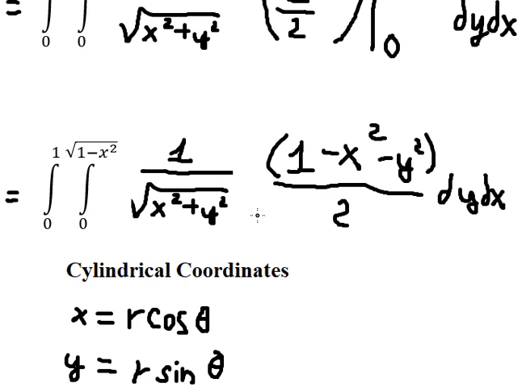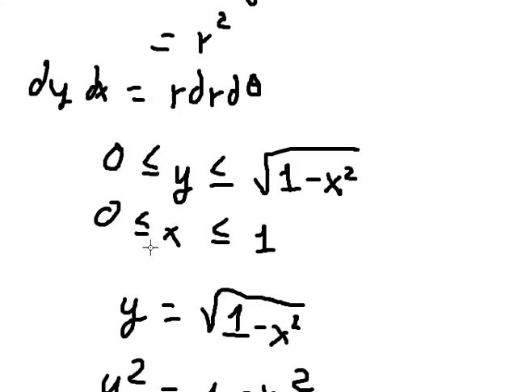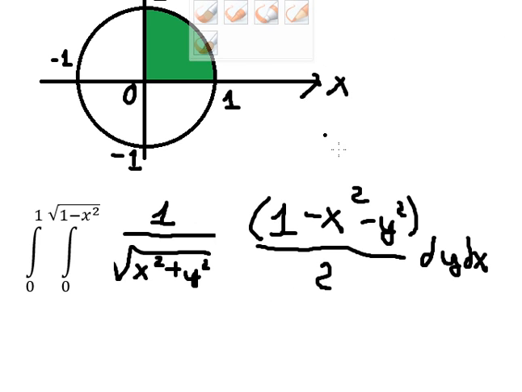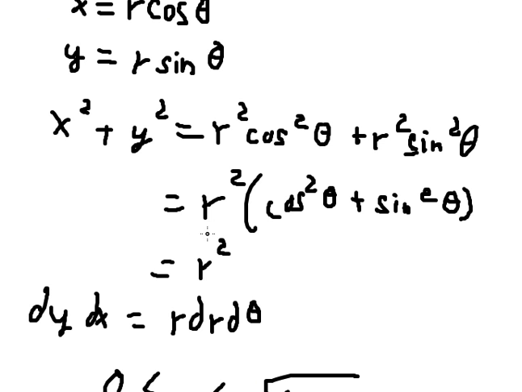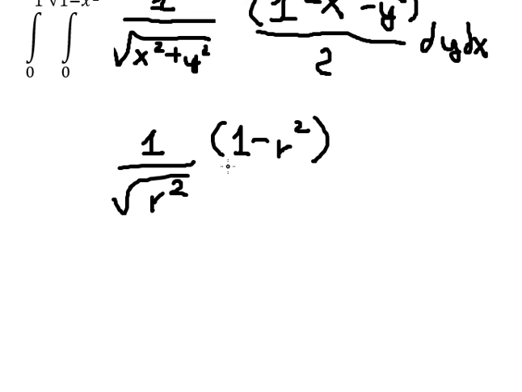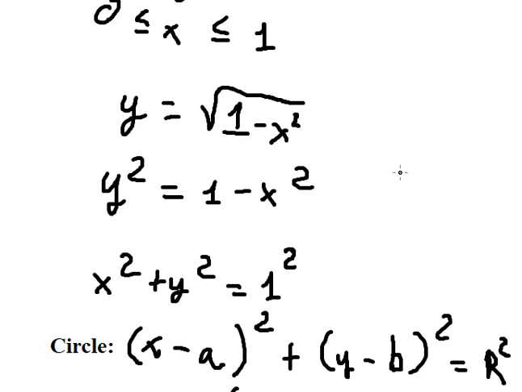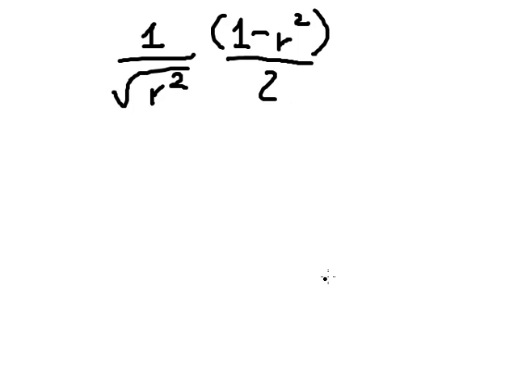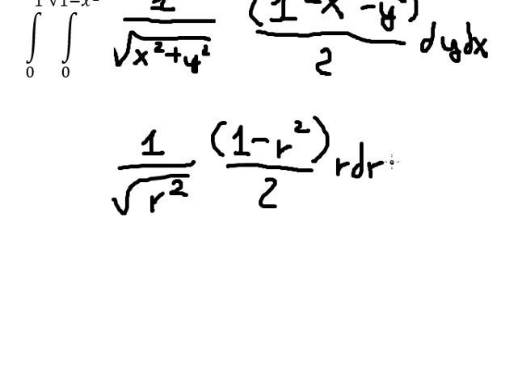Now we need to change everything in here. So x square plus y square and x square plus y square in here, we change by r square. dy dx, we change by r dr d theta. dr, that is about the radius of the circle, should be about from 0 to number 1.